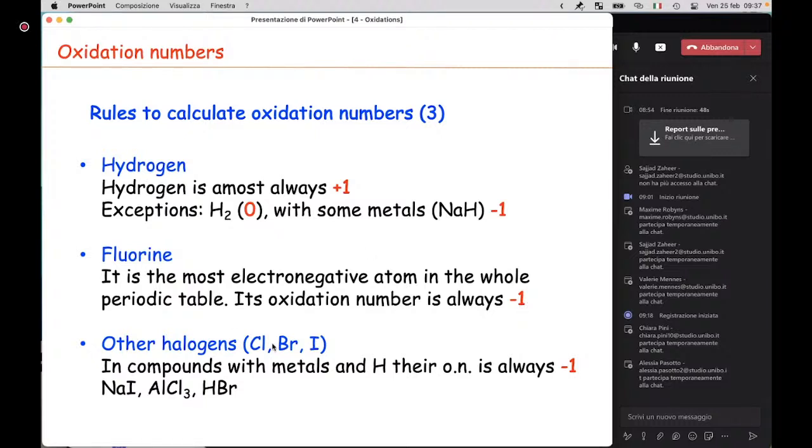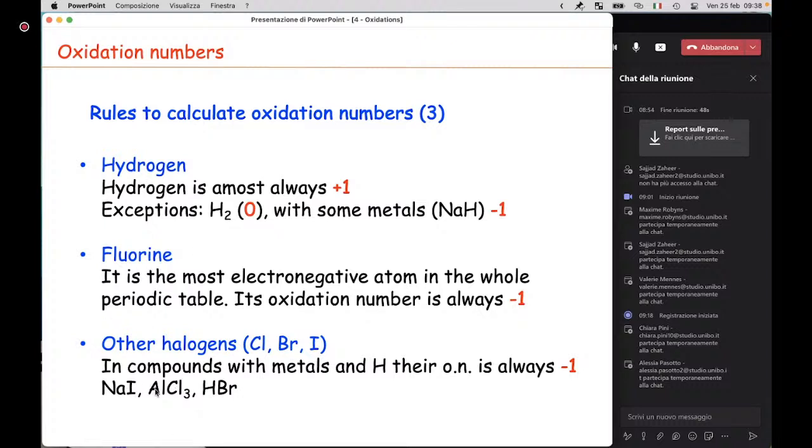The other halogens, as we have seen in sodium chloride, in compounds with metals and with hydrogen, the oxidation number is always -1. In this case, sodium iodide, sodium is +1, so iodine is -1. Aluminium chloride, AlCl3. Aluminium, when it is bound to some electronegative compound like halogens, is +3.